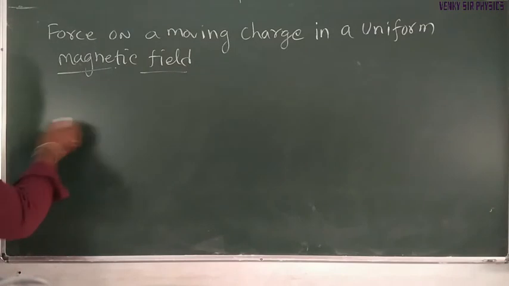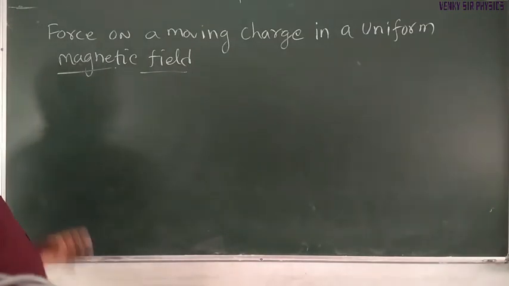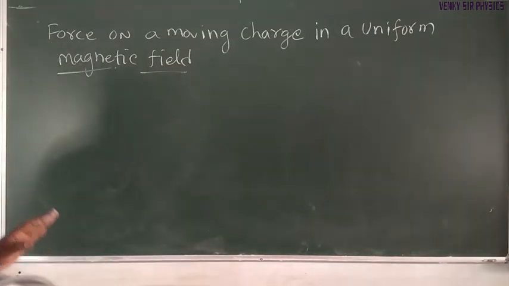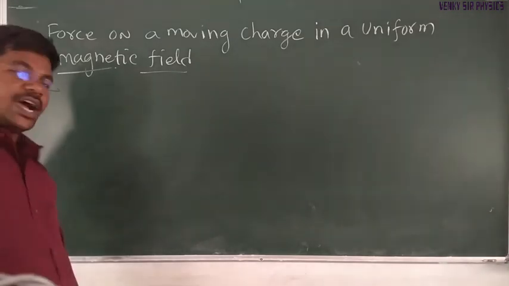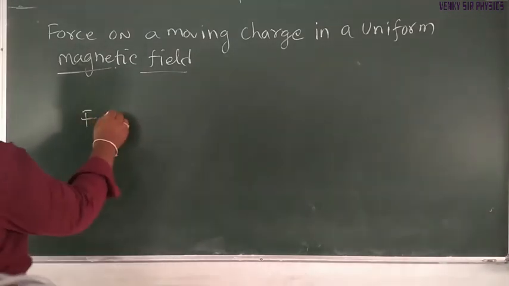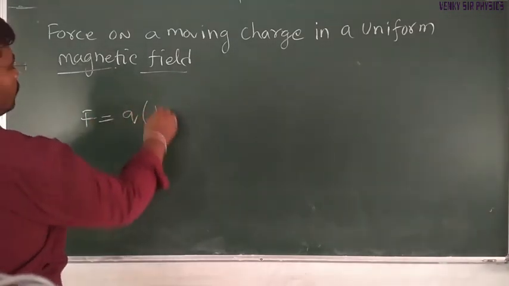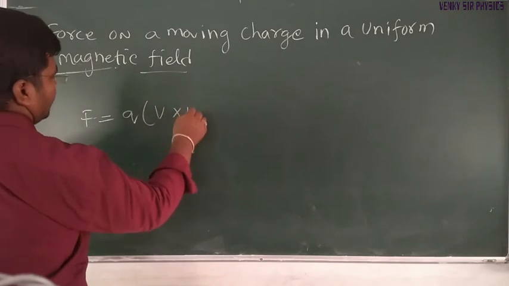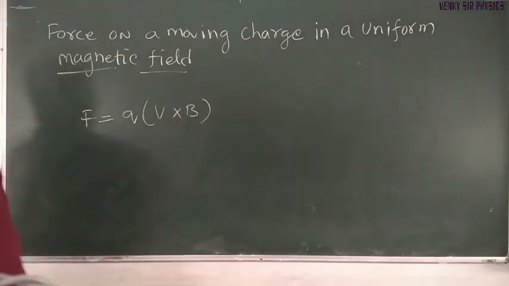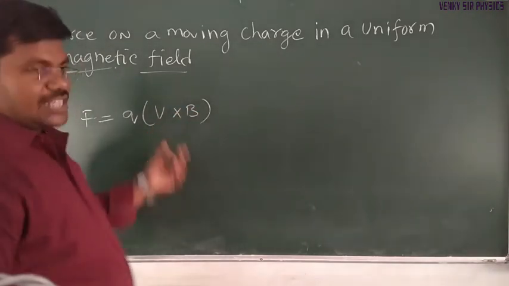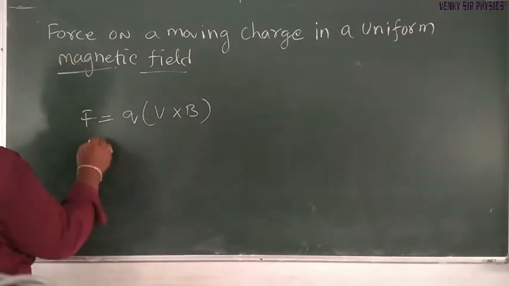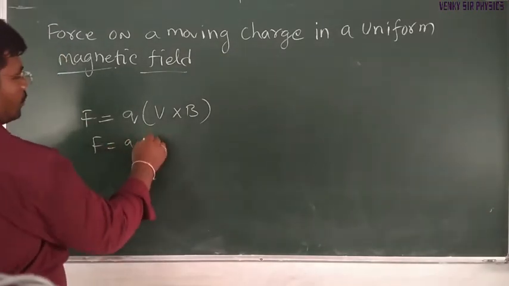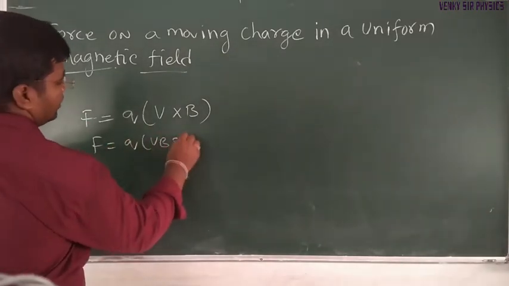When a charged particle moves in a uniform magnetic field, the force experienced by the charge is F is equal to q into v cross B. This is a cross product or vector product, qvB sin theta.